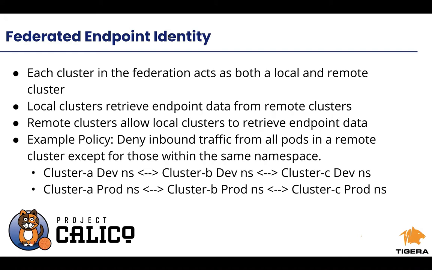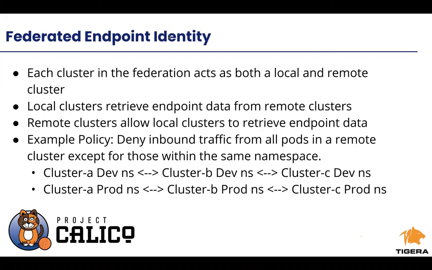Once we have federated endpoint identity configured amongst a set of clusters, we have the ability to apply policy using that endpoint identity. Here you can see an example policy. Maybe you want to deny inbound traffic from all pods in a remote cluster, except for those within the same namespace.